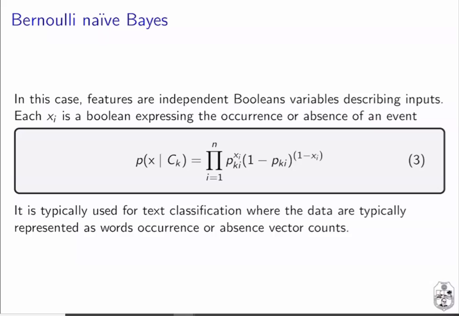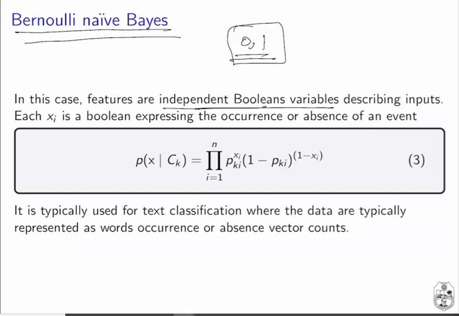Now the third type of naive Bayes classifier is the Bernoulli naive Bayes classifier. In this case, we are assuming that the independent variables are Boolean variables or binary variables, meaning the values of the independent variables are 0 and 1. If you make this assumption, then this is the likelihood function that you are going to use.